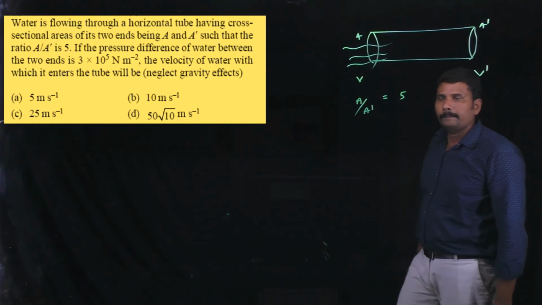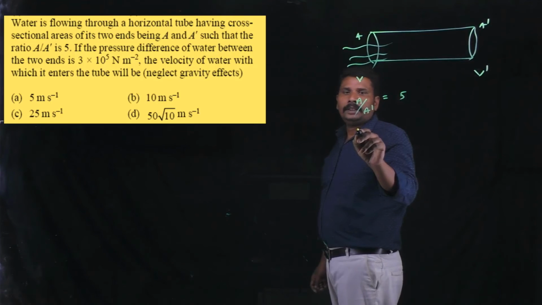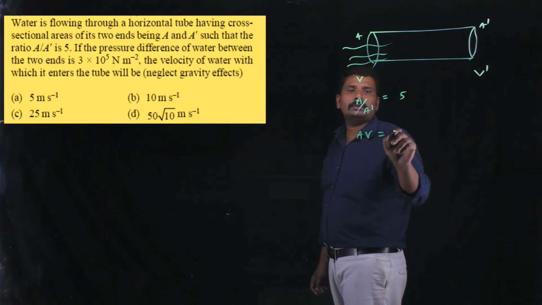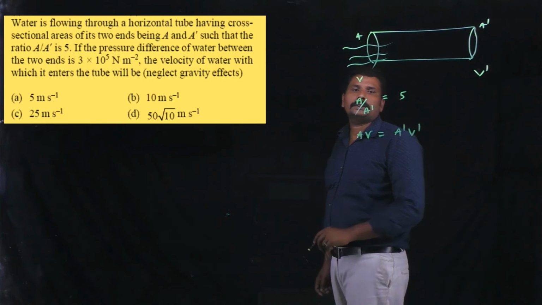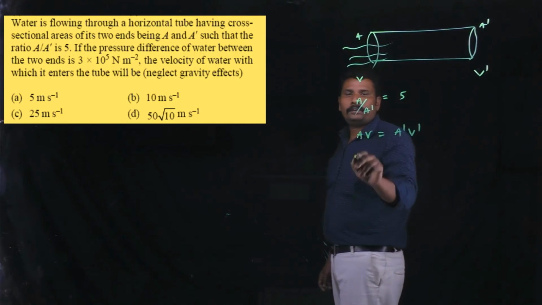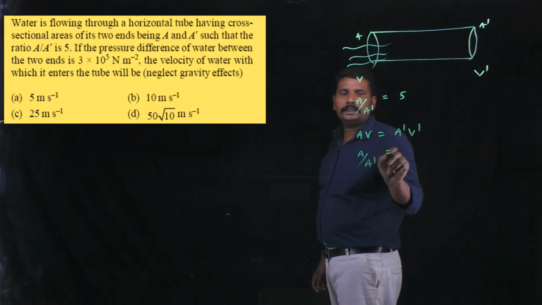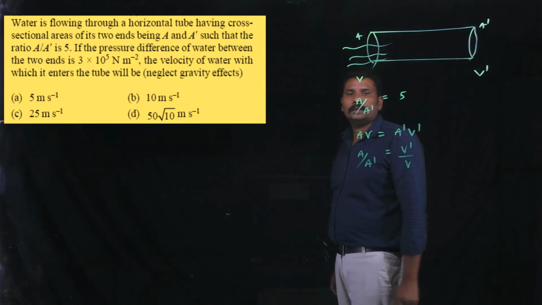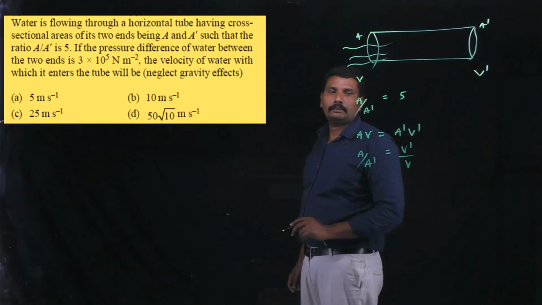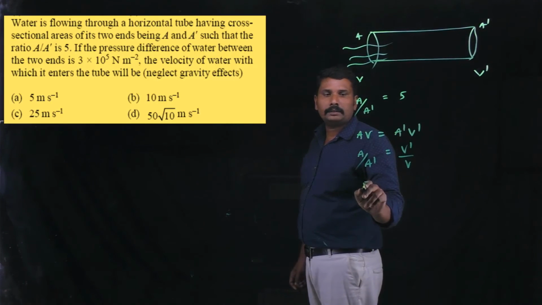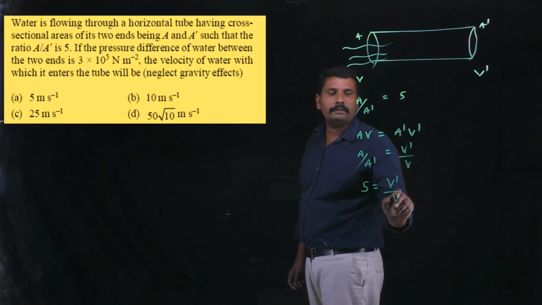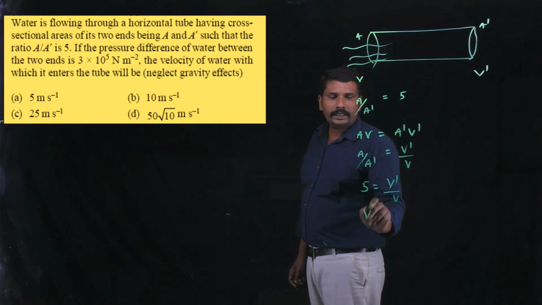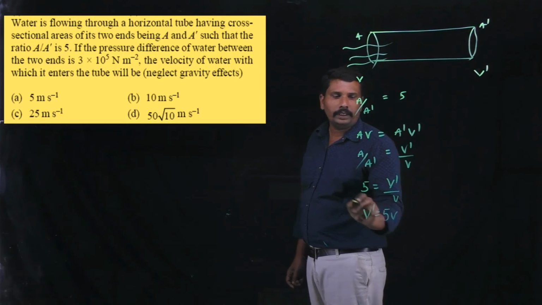From the equation of continuity, we know that A into V equals A dash into V dash. From this, A by A dash is equal to V dash by V. On solving this, A by A dash is 5, equal to V dash by V, and V dash is equal to 5V.